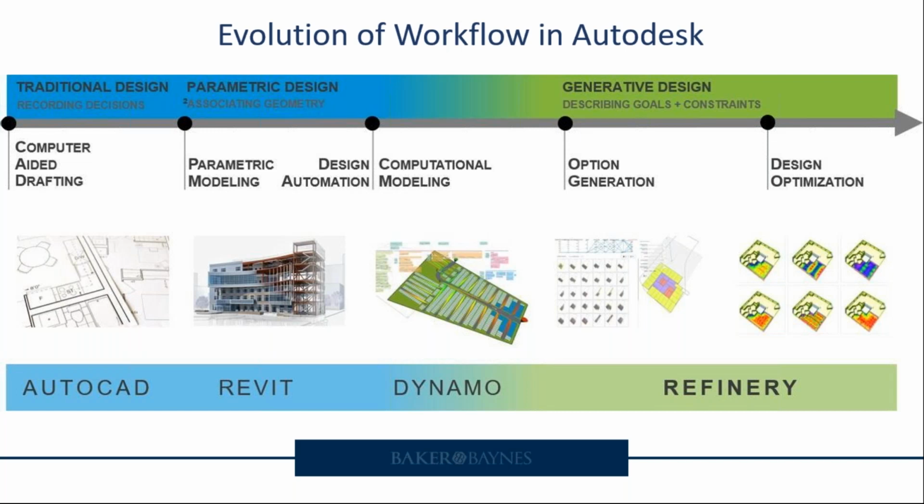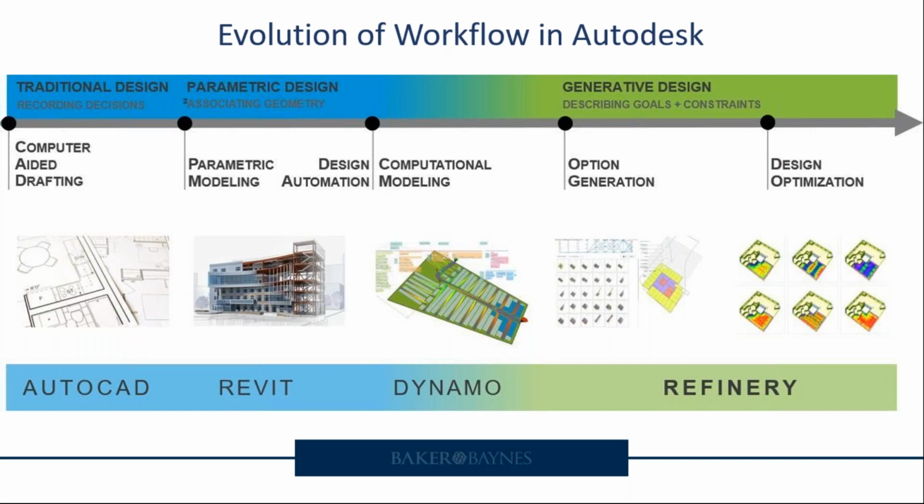And then shortly after, design automation became possible with computational modeling with tools such as Dynamo and Refinery, and there really are lots more. But this type of automation makes routine tasks much faster, and like I mentioned before, it provides us with a number of options and solutions that designers can choose from, and it gives us the opportunity to spend more time on other complex design decisions and just make better decisions overall.